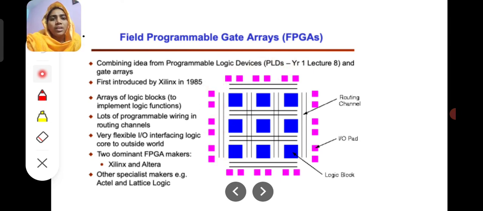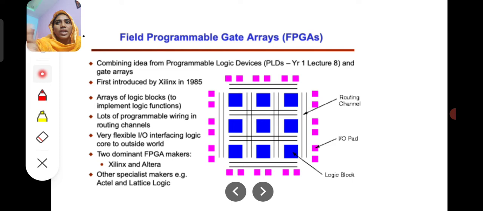So combining ideas from programmable logic devices and gate arrays, we have ASICs. What do ASICs mean? Application specific integrated circuits. FPGAs are nothing but programmable ASICs, so we can call FPGAs reprogrammable ASICs also.